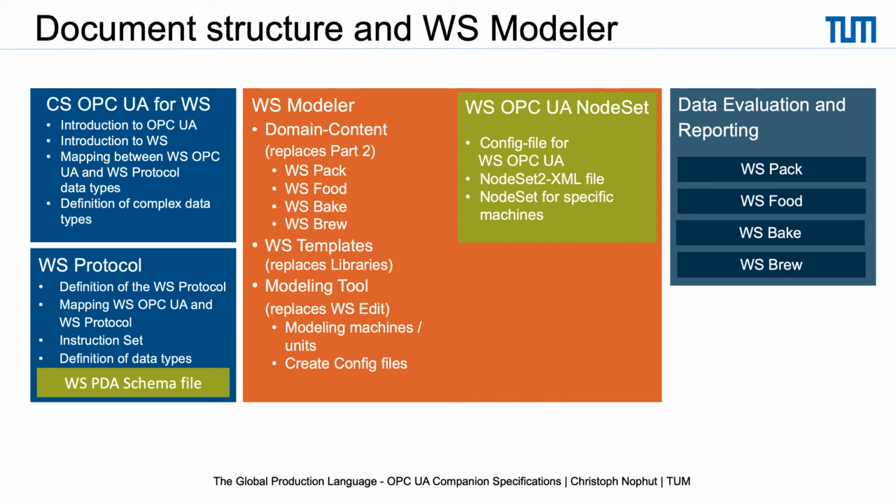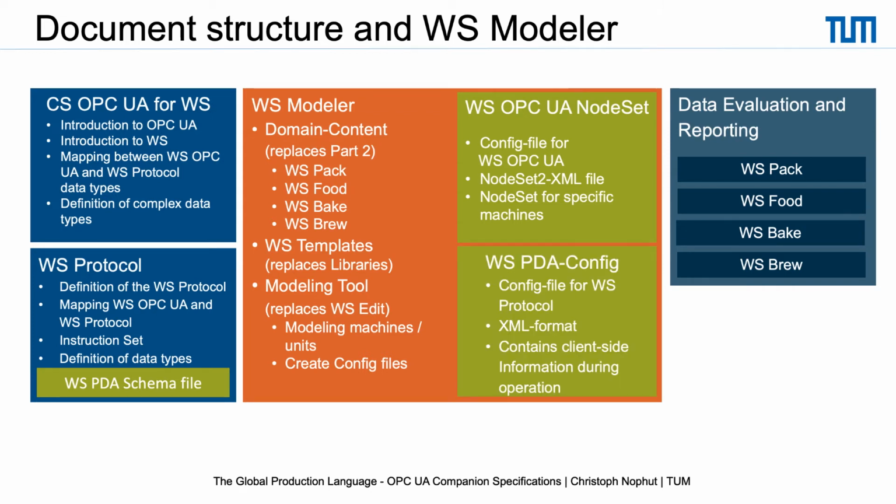We also have a document for the WS protocol. The WS protocol is the current way to communicate for the Weihenstephaner Standards, and it's also possible in the future to use such a protocol. The modeler is capable as well of creating a config file, the BDA config file for the WS protocol.